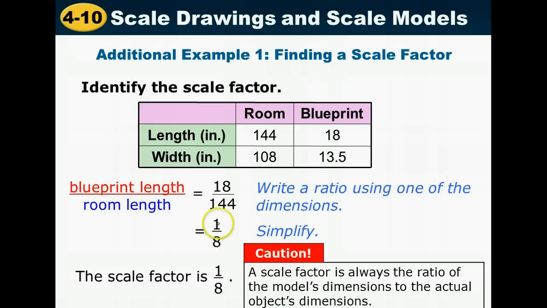Again, for every 1 inch on the blueprint, on the model drawing, it actually represents 8 inches in real life. And usually this is the reduced scale factor that they will tell you that they used. So then you can use that same scale factor to keep everything else in the room proportional in your drawing.